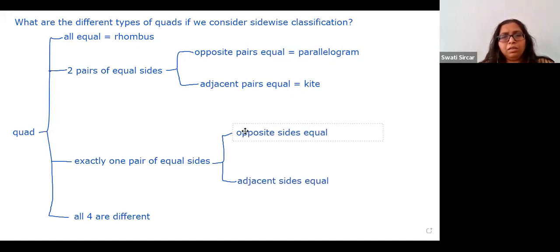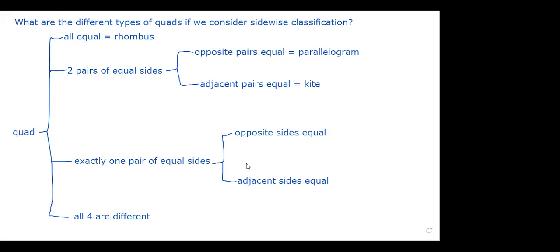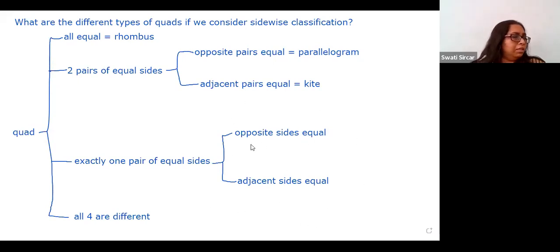Now remember the two types of acute isosceles triangles where the unequal side was smaller or larger, longer, right? So similarly, how many possibilities are there for this? Any idea?